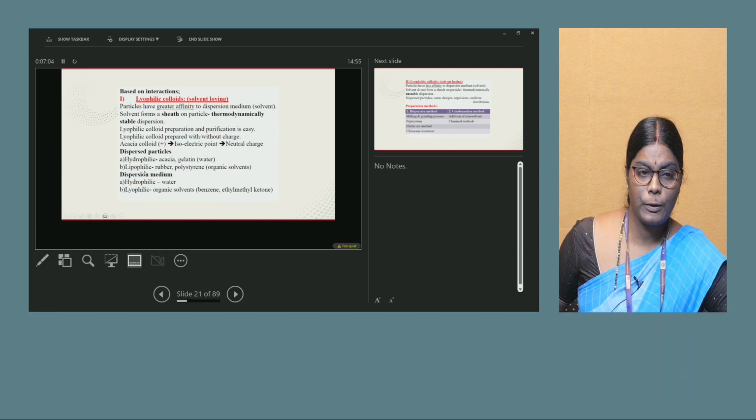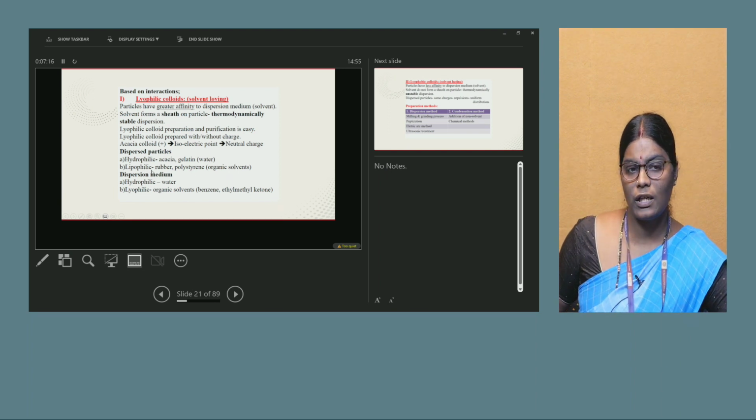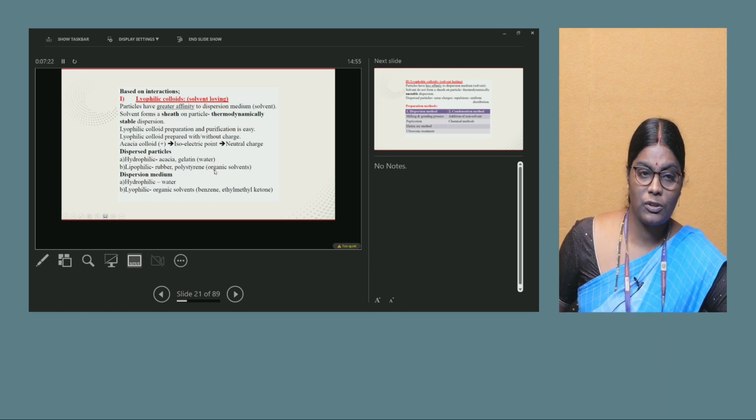If you want to prepare a lipophilic colloid, take the organic solvent, take the lipophilic material, and dissolve it in the organic solvent, and you will get lipophilic colloids. Whether it is hydrophilic or lipophilic, the solvent you take will differ, but on the whole by simple dispersion of the material in the solvent you can get a lyophilic colloid.